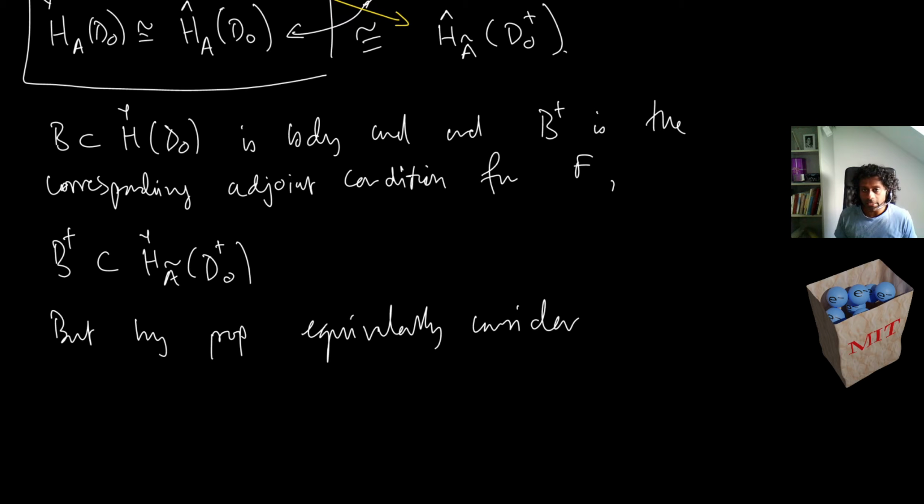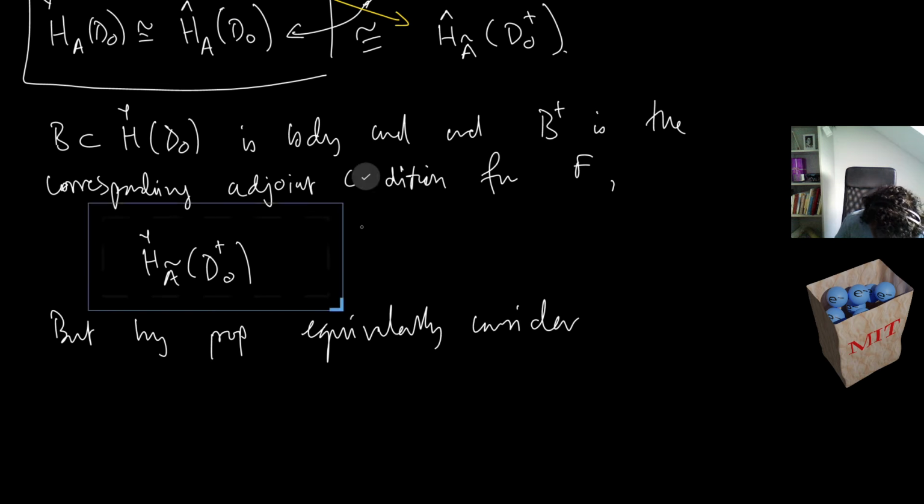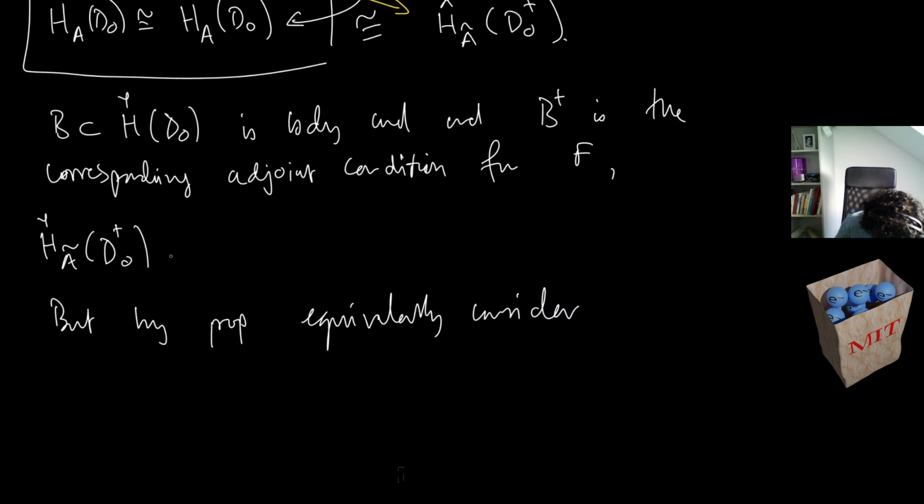The corresponding condition, maybe I'll write this the other way, just to recall what it is. So what's the corresponding boundary condition? Well, this is where we take V restricted to the boundary such that V is in the domain of D B adjoint.